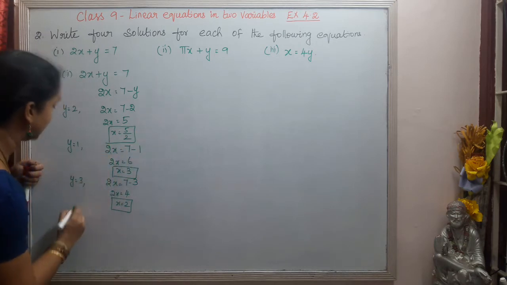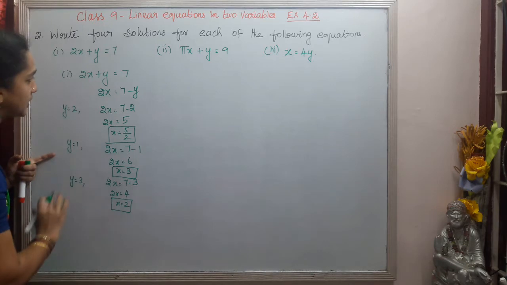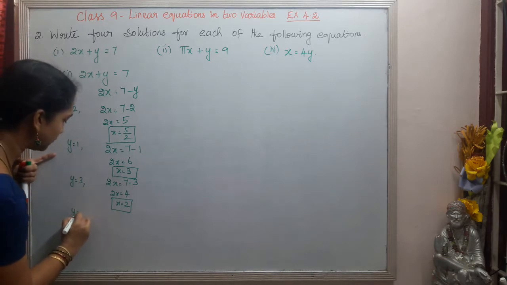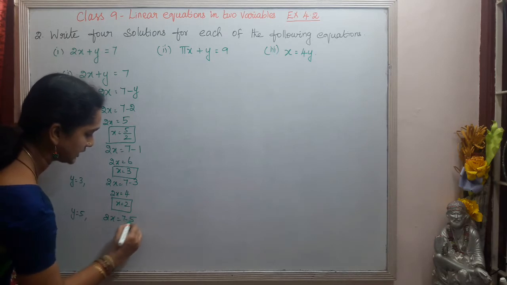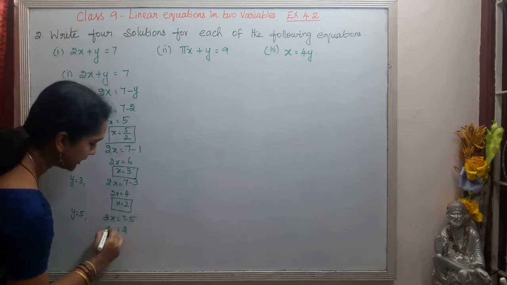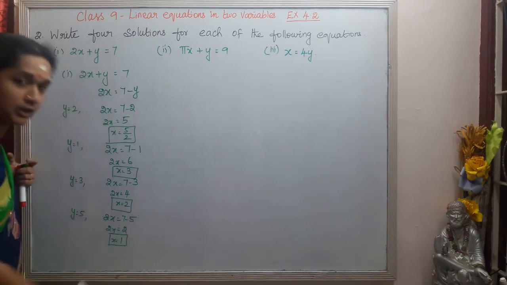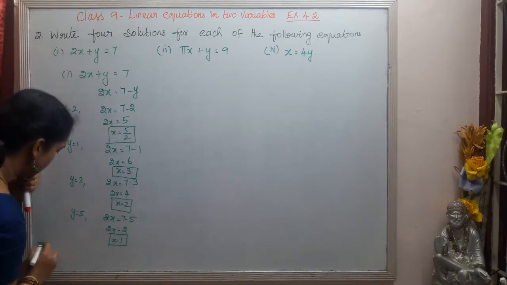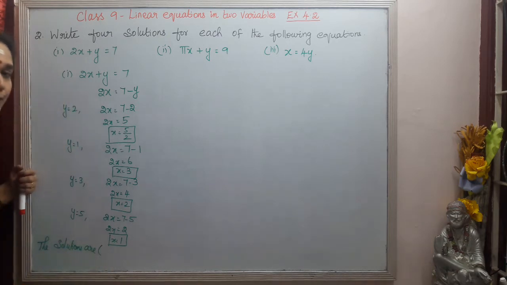We are asked to find 4 solutions for that. So we found 3 solutions. One more: if y is equal to 5, then 2x is equal to 7 minus 5, that is equal to 2. So x value is equal to 2 divided by 2, that is equal to 1. So the solutions, we will write in a set of ordered pairs.